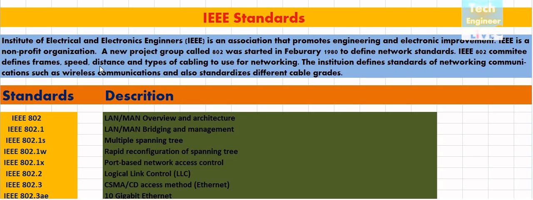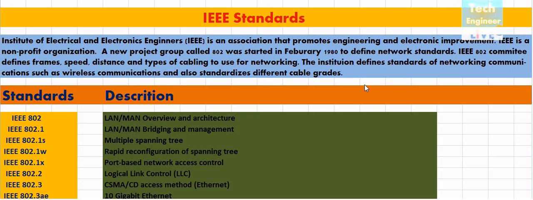So the institution defines standards of network communications such as wireless communications, and also standardizes different cable grades. The reason cable grades and wireless communications were defined is because these two technologies brought a boom: cable and wireless.